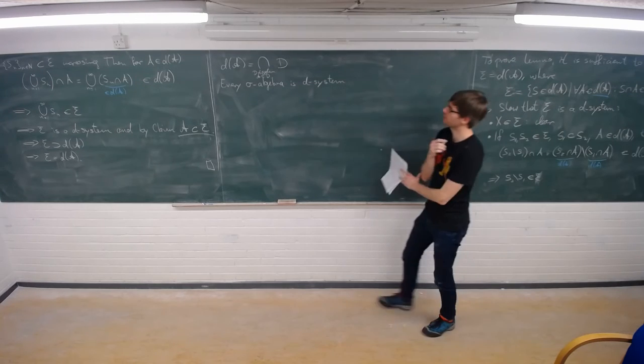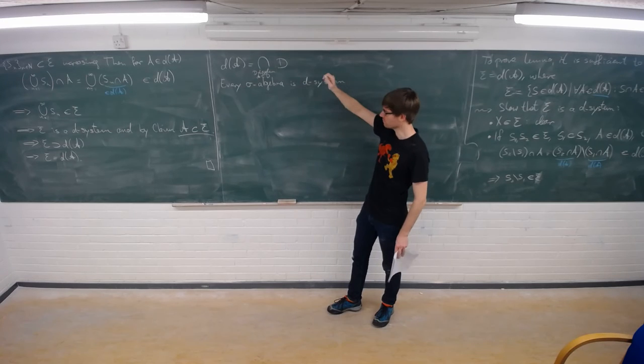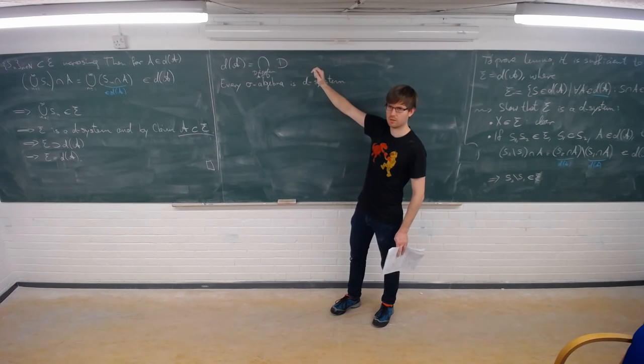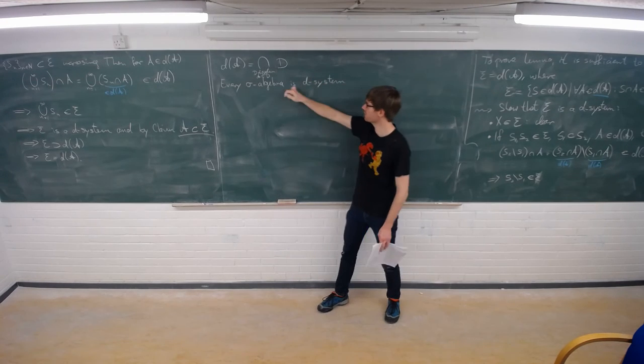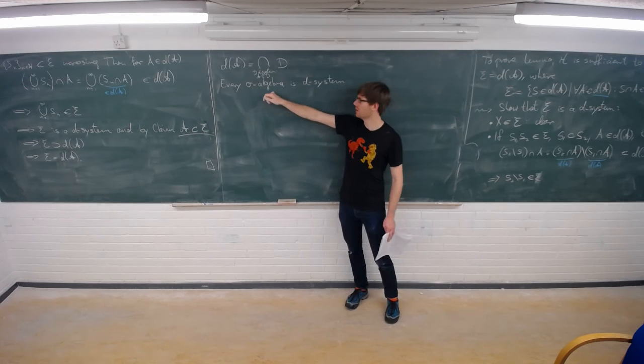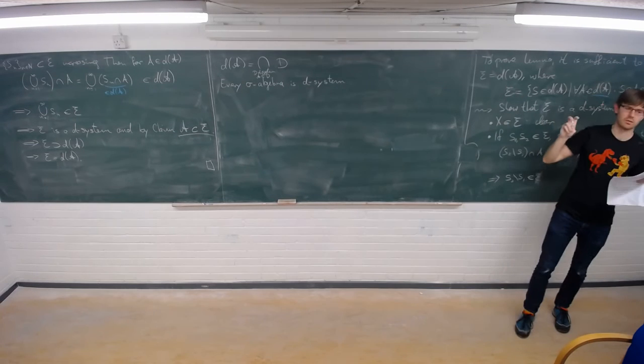Okay, every sigma algebra is a D system. So every sigma algebra is a D system, so in other words, there are fewer sigma algebras than there are D systems, right?